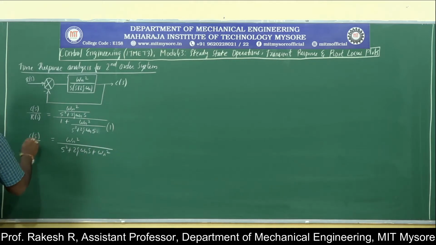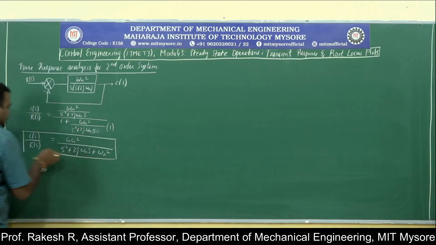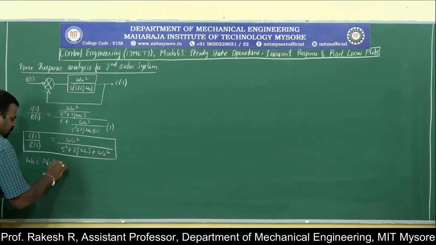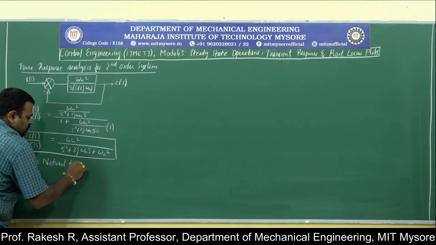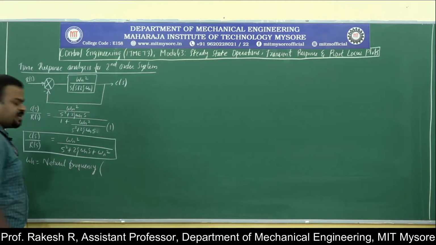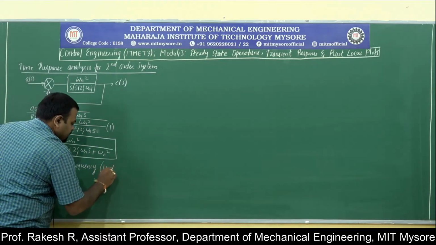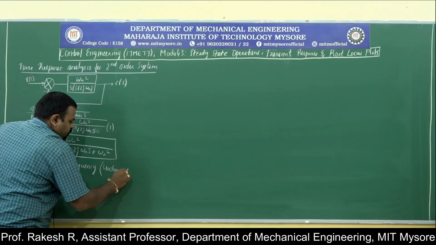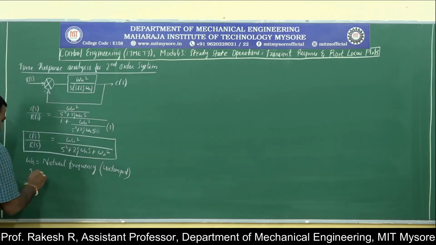This is the overall transfer function for the second order system, where omega n is the natural frequency, usually the undamped natural frequency, and zeta is the damping ratio.